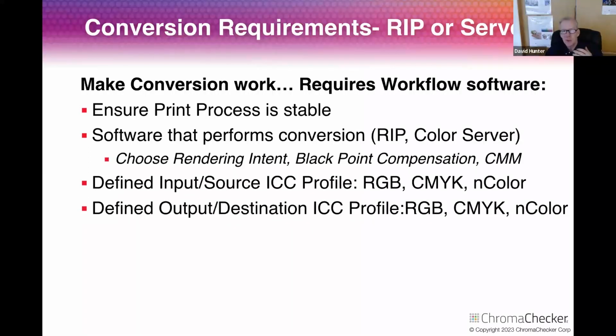Now, we showed you the last couple sessions how you can actually streamline your profiles. So even though you might print on 30 different coated paper stocks, that doesn't mean you want to try to manage 30 profiles. With ChromaChecker, you can quantify, based on your expectations of a color match, how many profiles you need to properly represent those 30 different paper stocks.